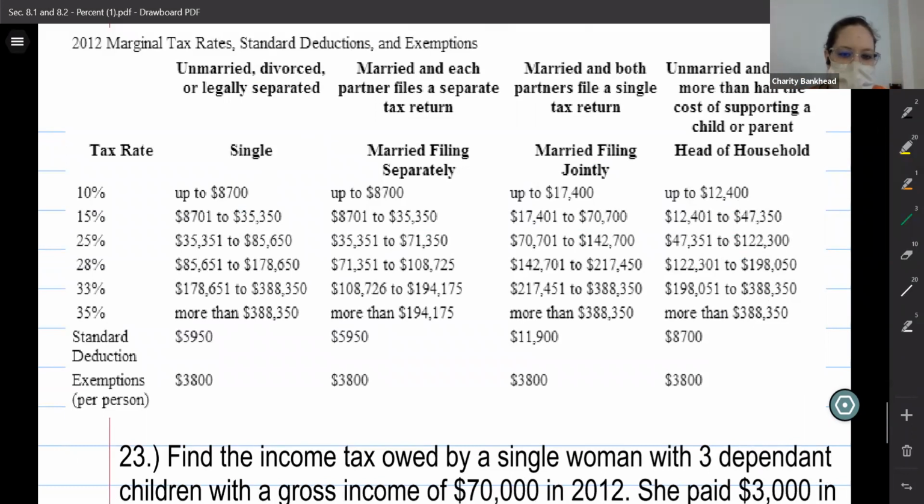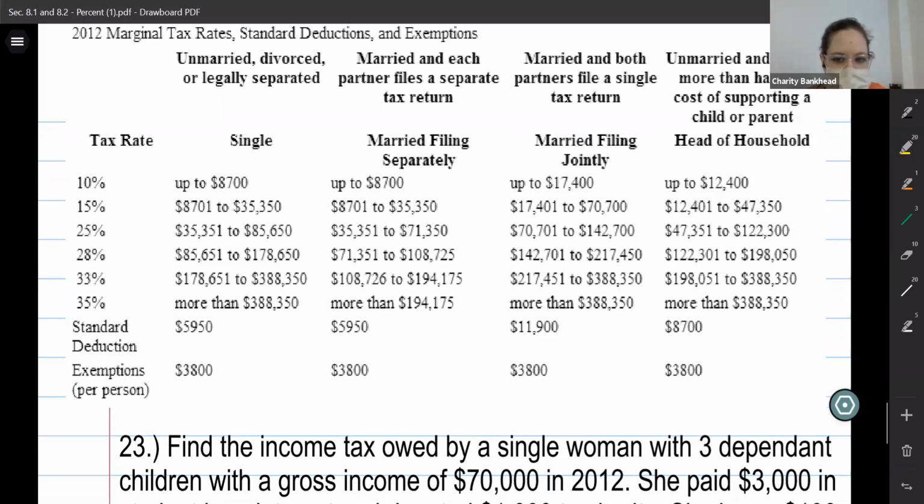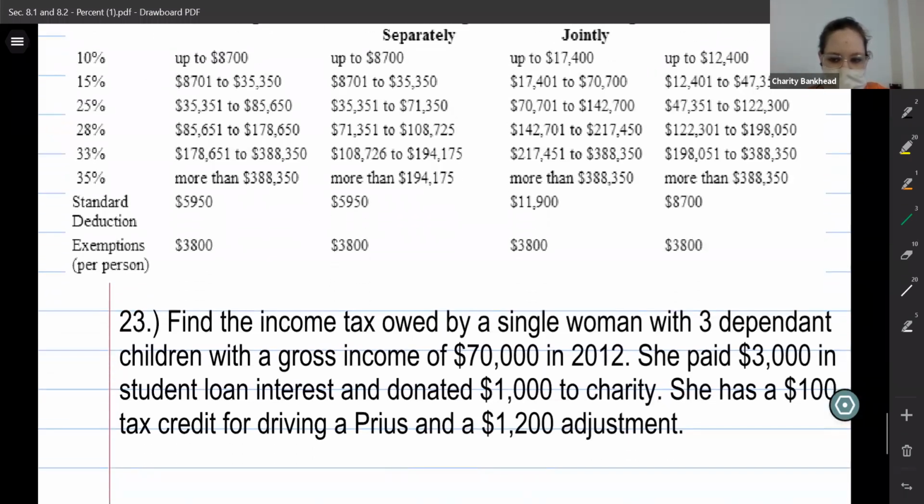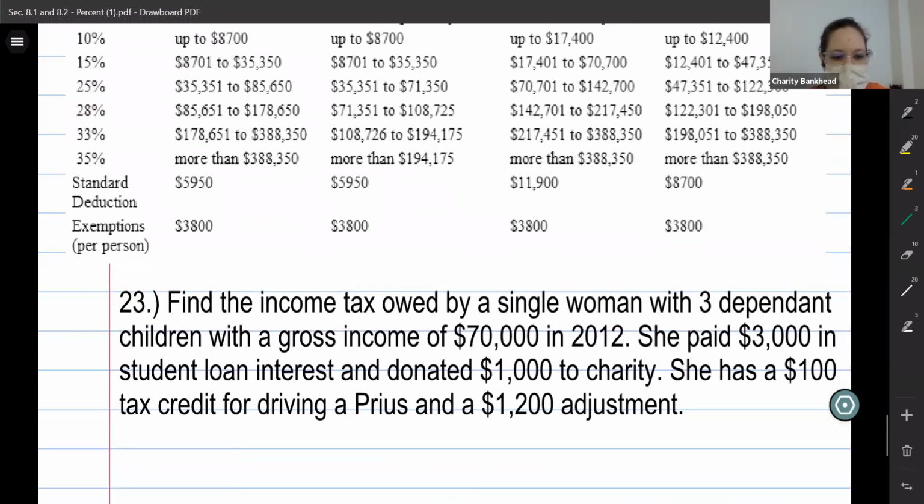So it shows what tax bracket someone is in based on their income and filing status. Let's read the question, and then we'll go back and look at the information.